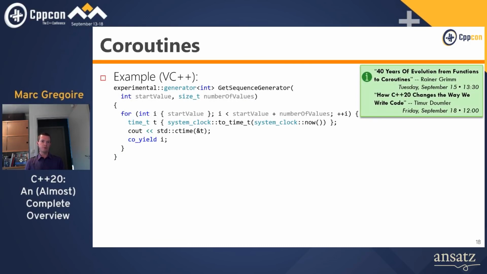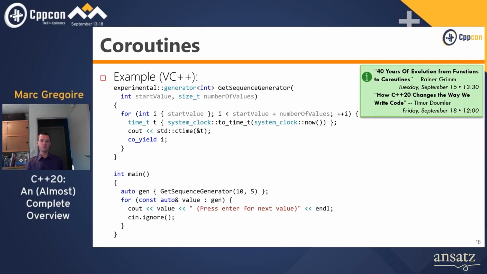So here we have a simple coroutine, and it just contains a for loop that starts at a given starting value and iterates a number of times. On each iteration, it gets the system time, outputs the system time to the standard output, and then finally, it yields the current iteration value.